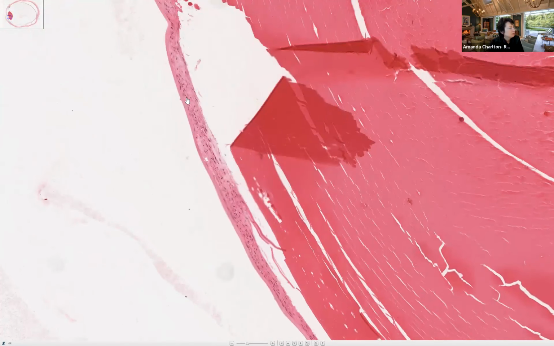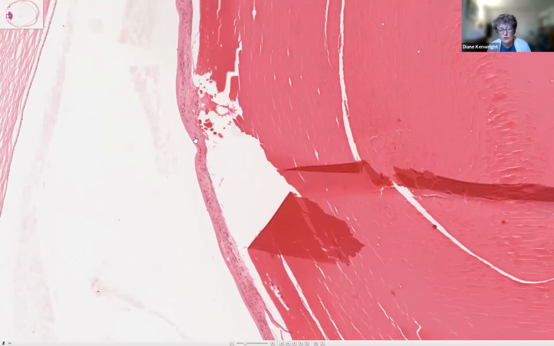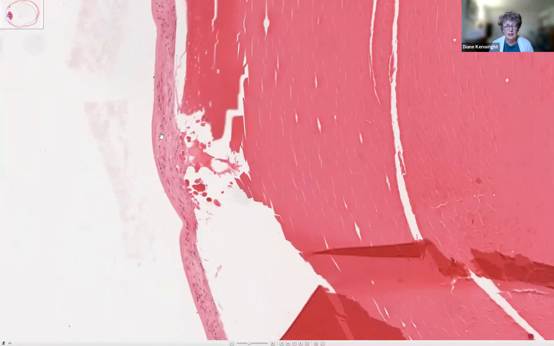Well, they seem to be deep to the membrane here, where the epithelial cells should be. So we've talked about retinal pigment epithelium undergoing metaplasia, but this is lens capsule epithelium undergoing metaplasia to form this anterior subcapsular fibrosis. Okay. All right, that was the lens.